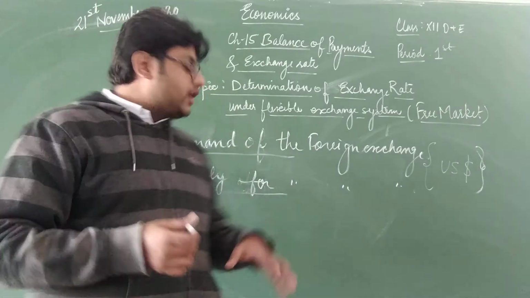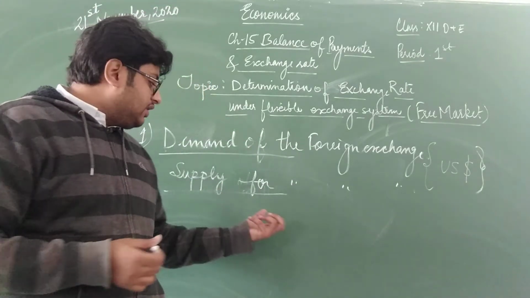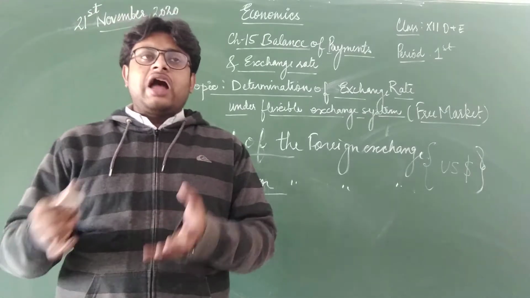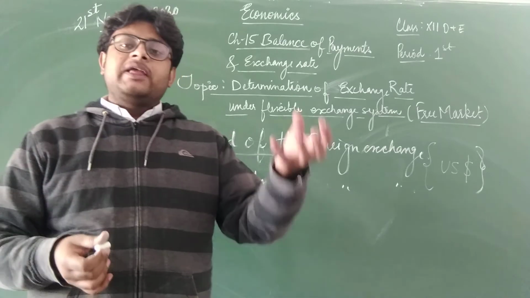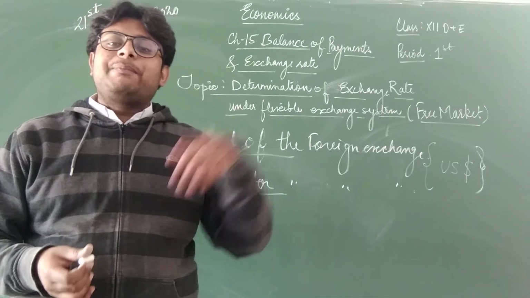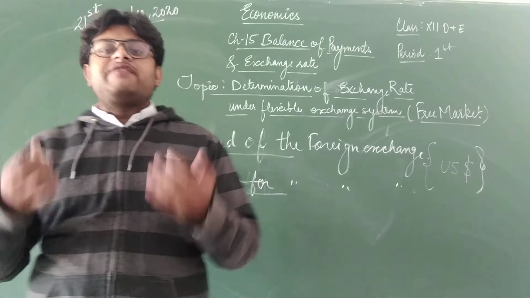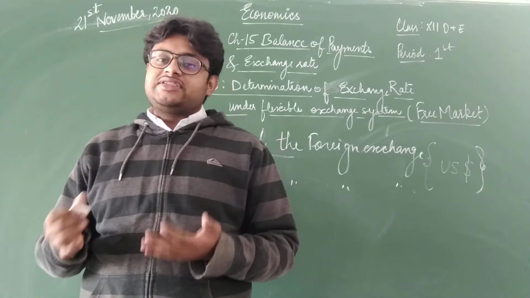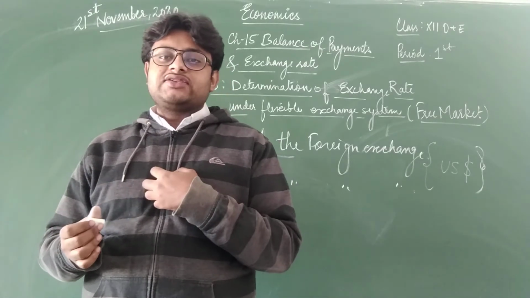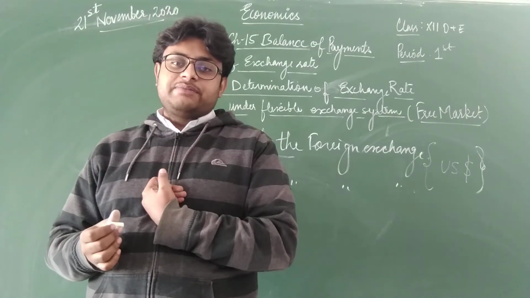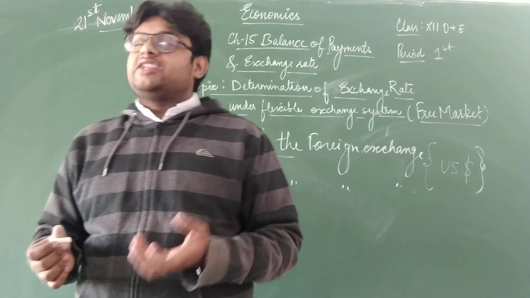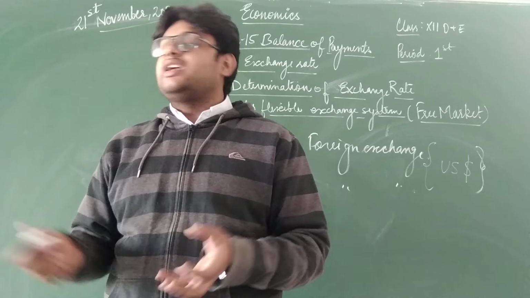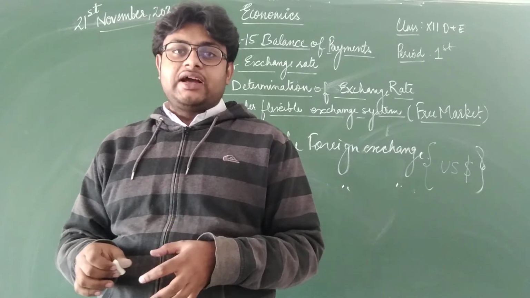Then we'll see how the supply of foreign exchange, that is how the US dollars, are supplied in India. See, whenever we export any goods and services, we receive payment, then US dollars come to us. Or if any foreign person, any tourist, is coming to India, then they will bring US dollars to India.